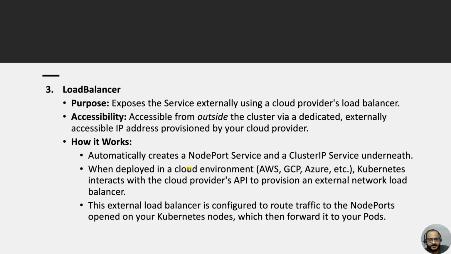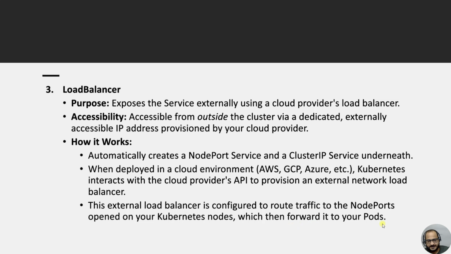When we deploy in a cloud environment like AWS, GCP or Azure, Kubernetes interacts with the cloud provider's API to provision an external network load balancer. This external load balancer is configured to route the traffic to the node port opened on your Kubernetes node, which then forwards it to your pod.